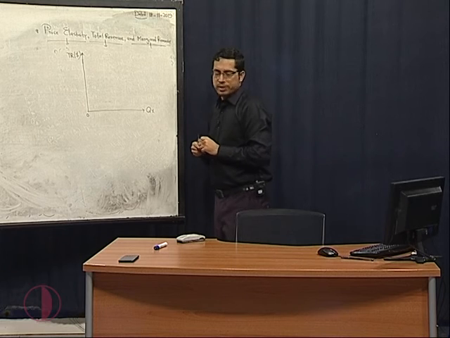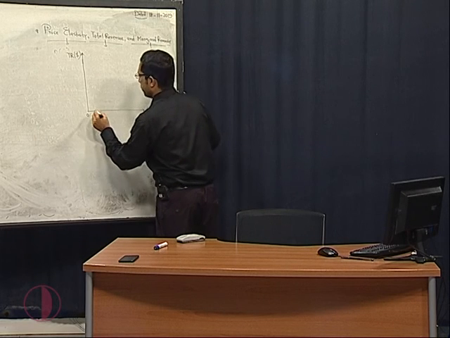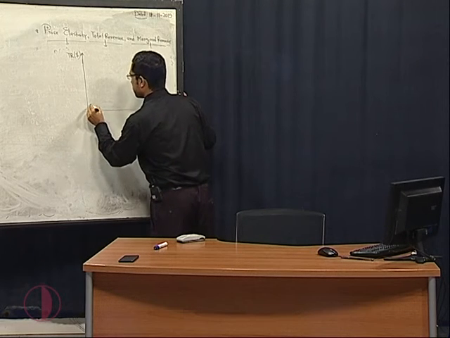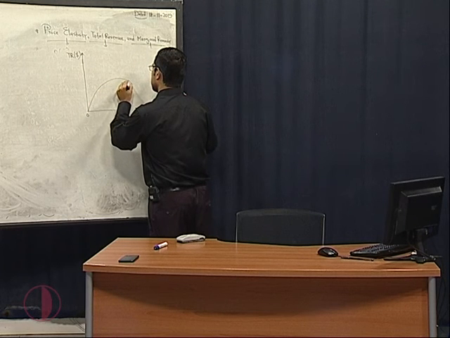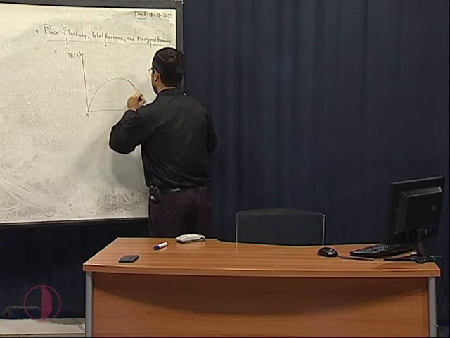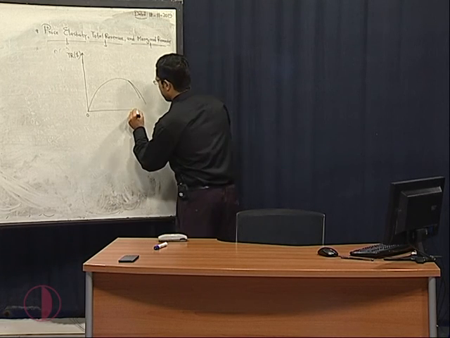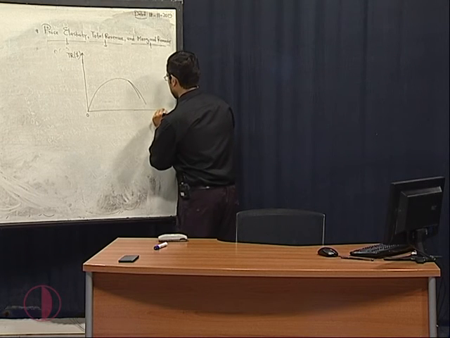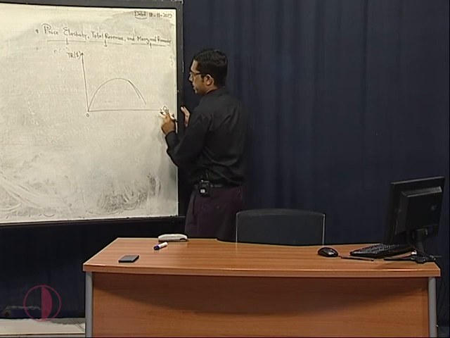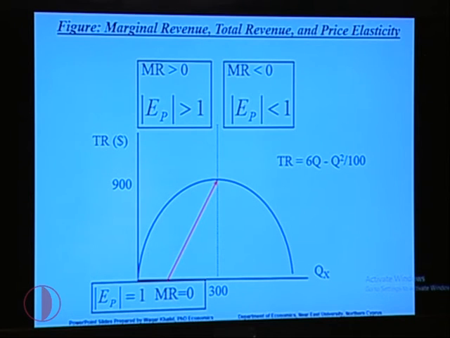So, when we draw the graph of the total revenue, we can get a curve like this. This is quantity of commodity X and this is the total revenue curve of the firm. It starts from 0.